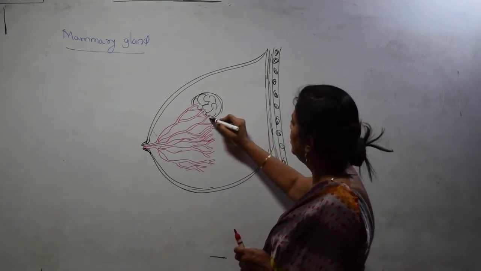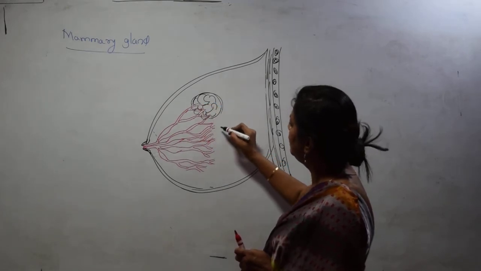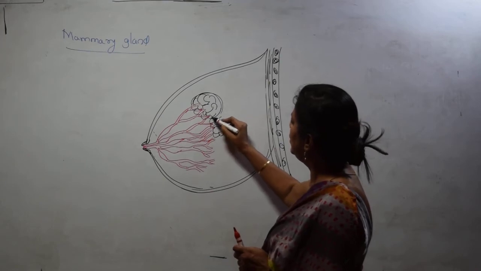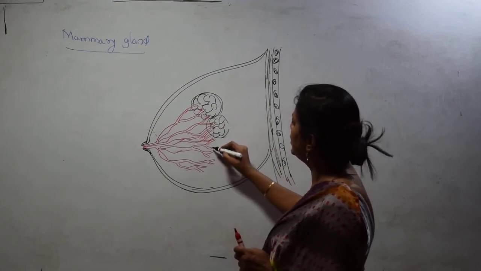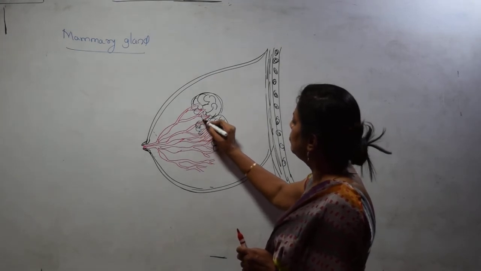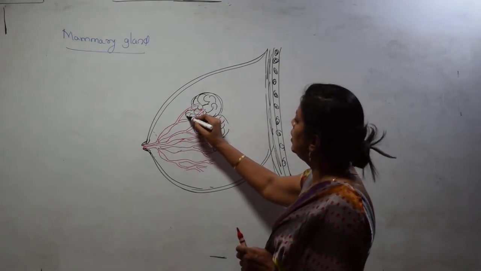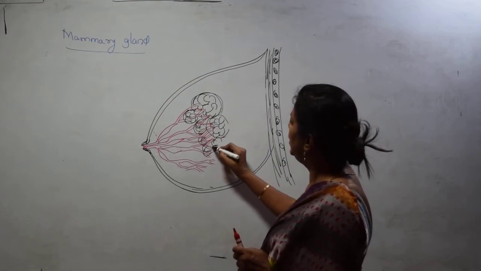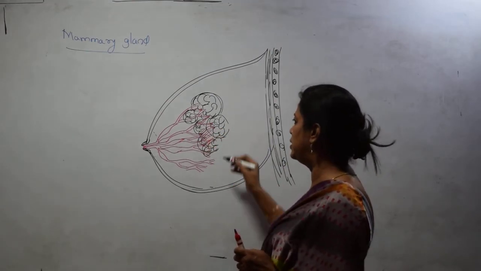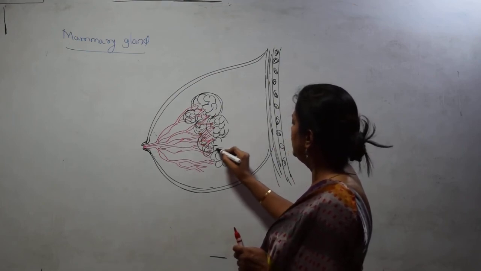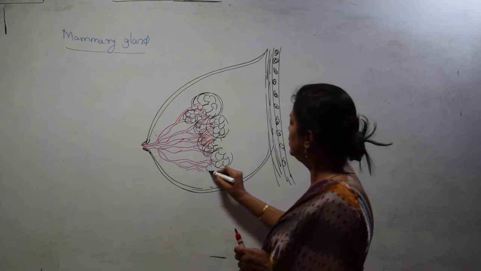This is one alveolar sac. Then another alveolar sac I am drawing here. They are all on the alveolar ducts. These are all alveolar sacs. They are producing milk. Actually, they are secreting milk. These are all alveoli found in one sac.